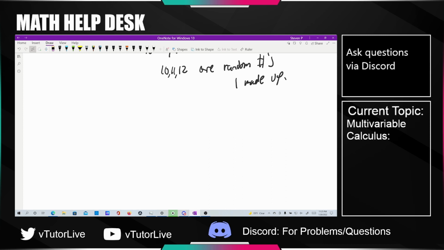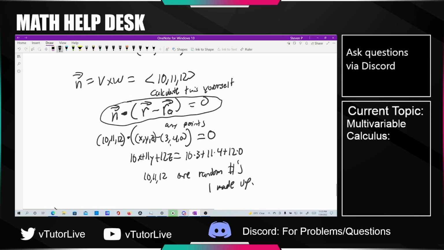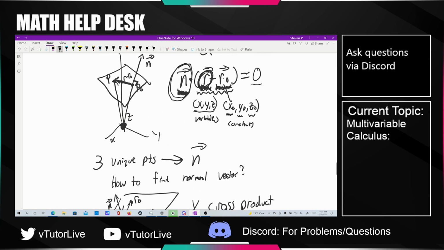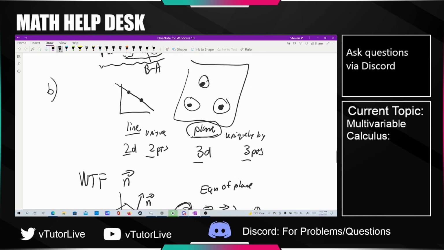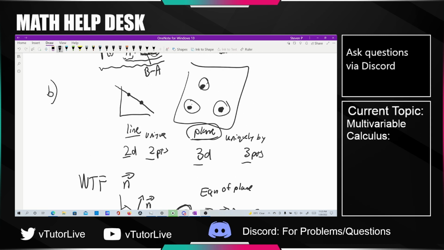Okay, sure. Yeah. So then the last question for this part is basically saying, okay, so just sorry, going back for a second, I just wanted to reiterate that point I made at the start, where we said that a plane is uniquely determined by 3 points.